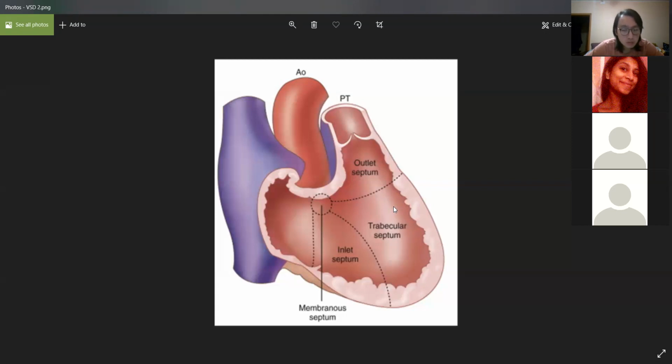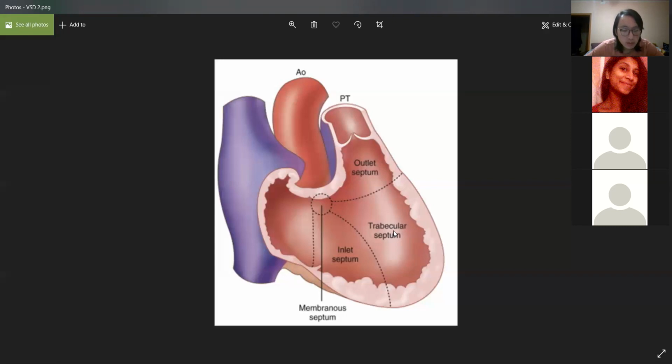It's not just one hole, it can be multiple small holes. It closes spontaneously more frequently than your membranous VSD.